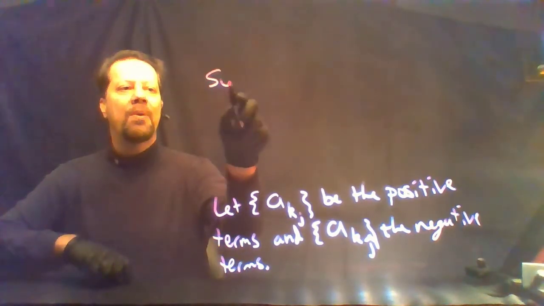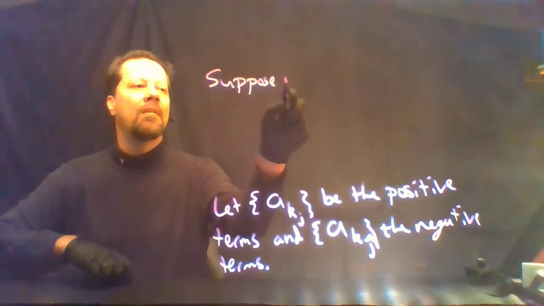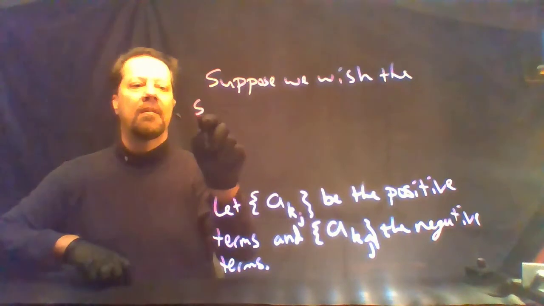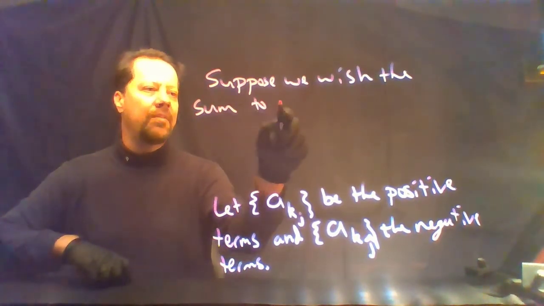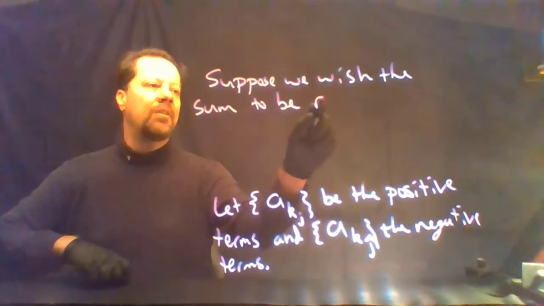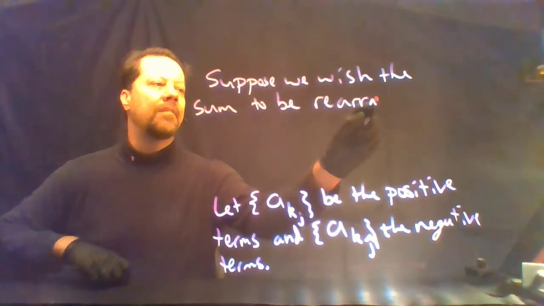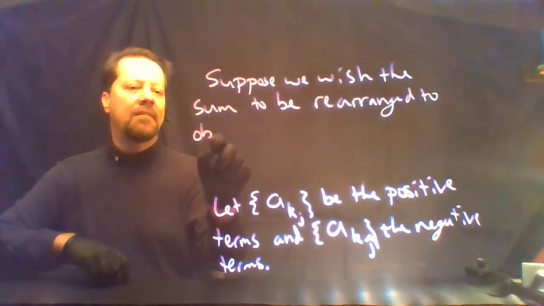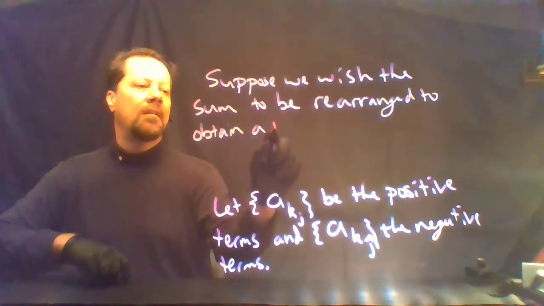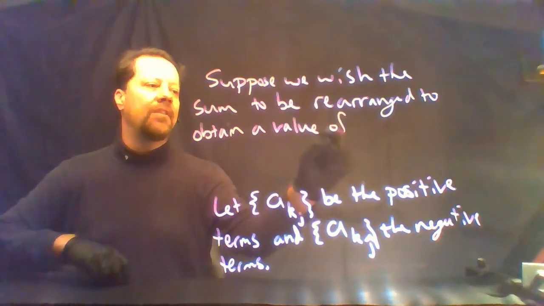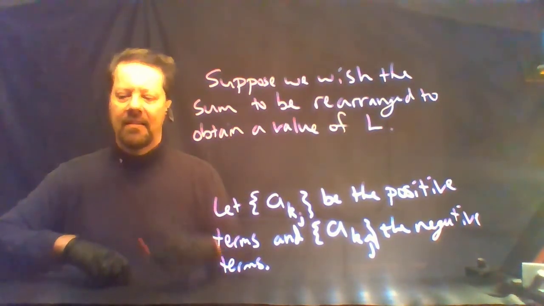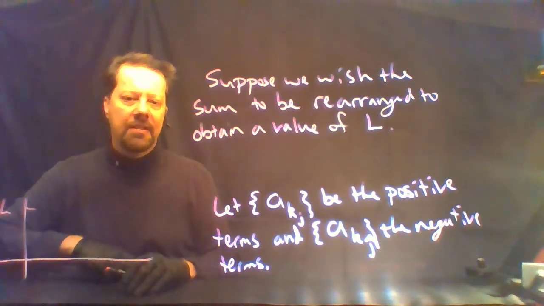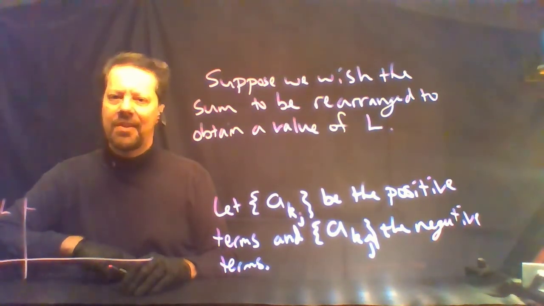Suppose we wish the sum to be rearranged to obtain a value of L. We want to rearrange the sum so that the terms add up to L. Here's our strategy.